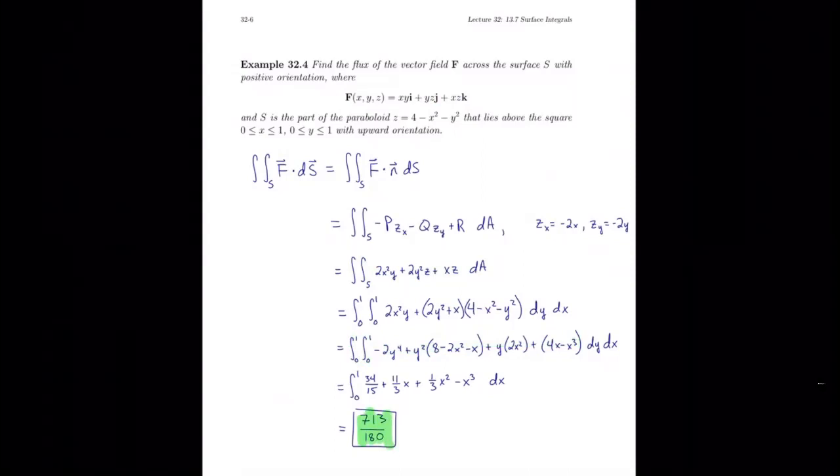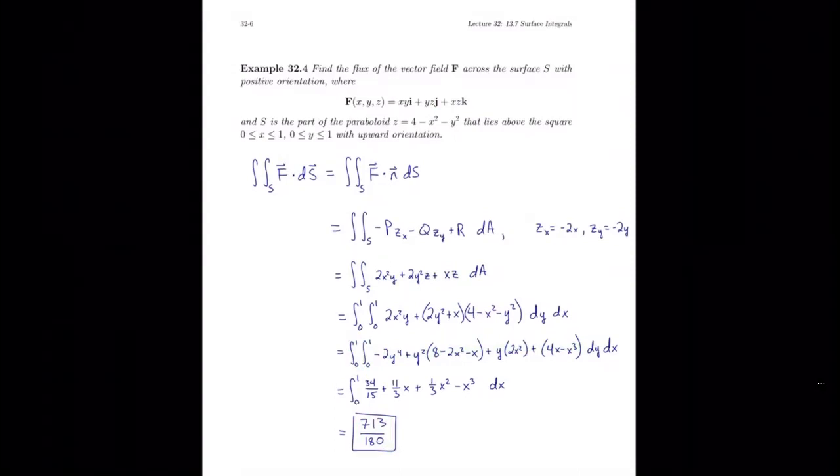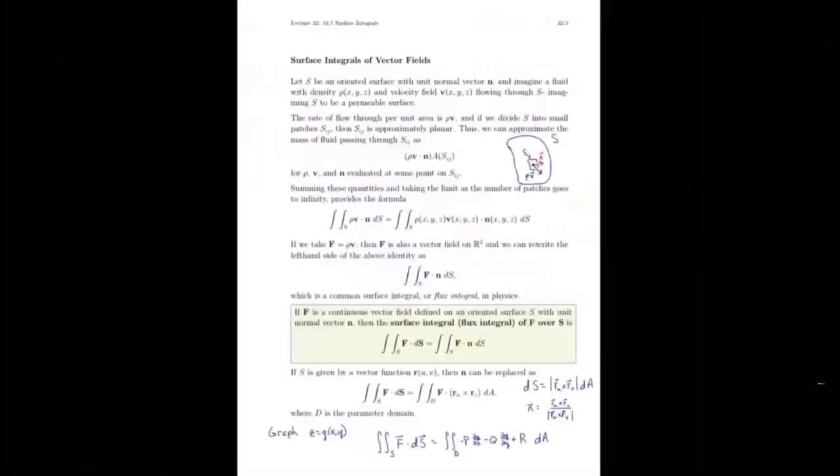Of course, that's a pretty straightforward rectangular double integral. The only hard part is the details and keeping all the fractions straight. So there it is. Of course, there are other examples we could do where we would be looking at a surface that's parameterized by r of u and v, and then F dot dS would be given by not the graph formula that we have down here, but this formula right here.